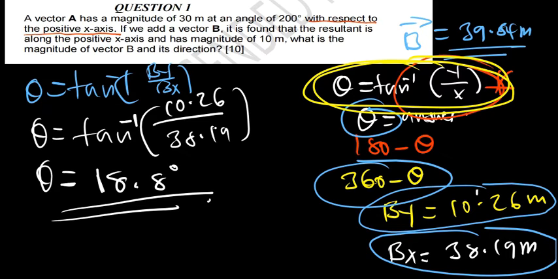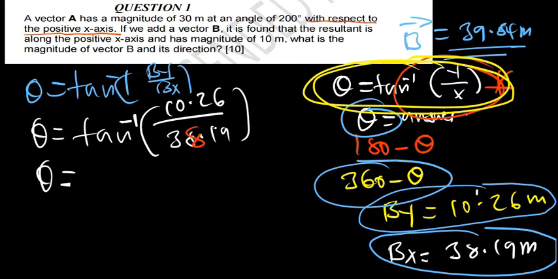Oh, that's 38, right? Yes, it's 38. Oh, so I think I used 30. 38.19. Okay, yeah, 15.0. Thank you. 15.0 degrees. Then we are done.